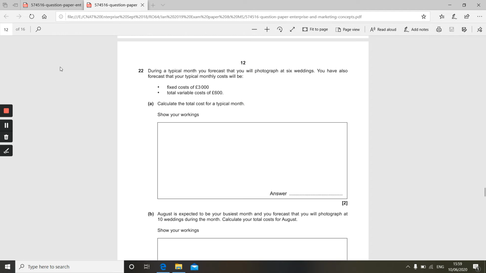So what you need to do, first of all, is write down what the formula is for total costs. And just to remind you, total costs is fixed costs plus variable costs. Okay, so you'll get 1 mark for the formula, and then you get 1 mark for your working out. So if you write the formula down, put the numbers into the formula, and then calculate the correct answer.